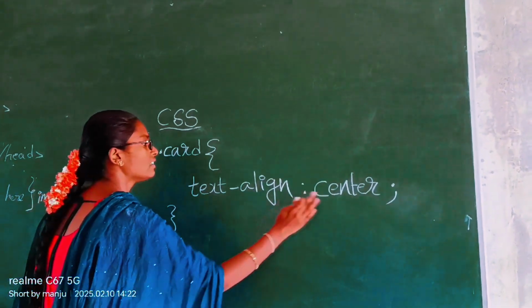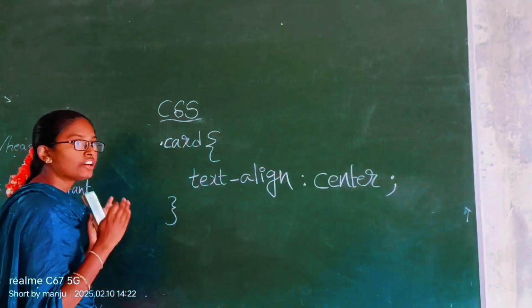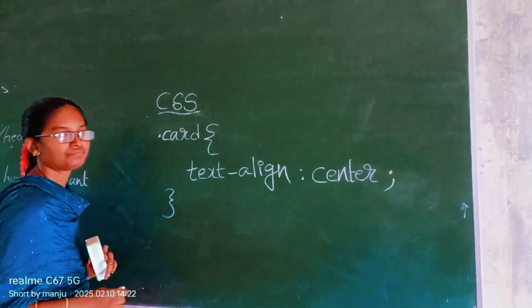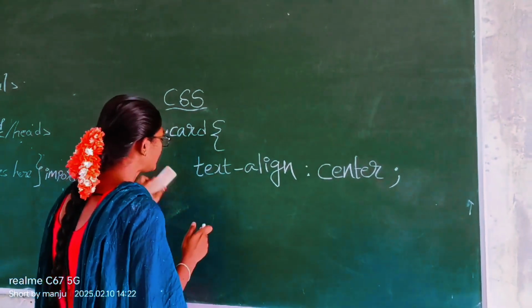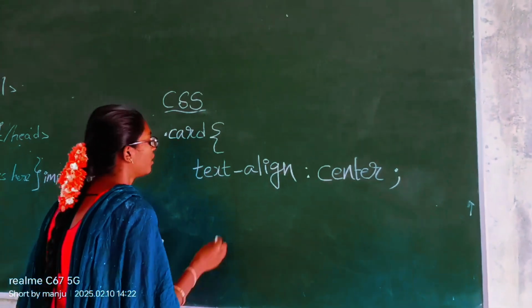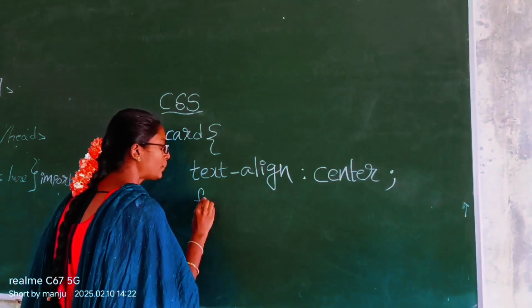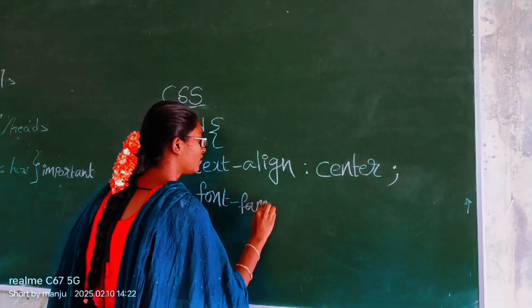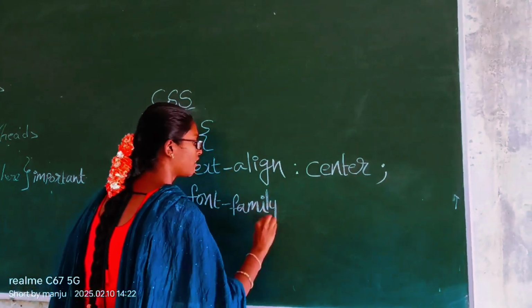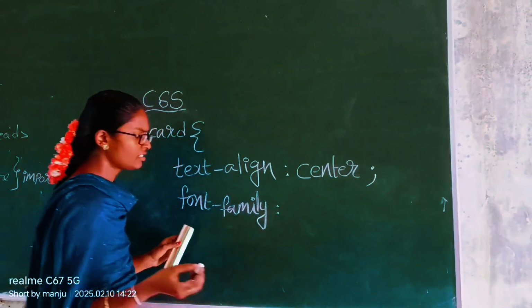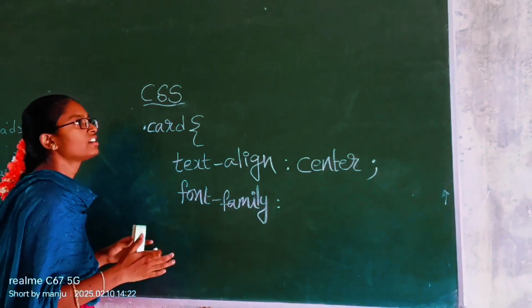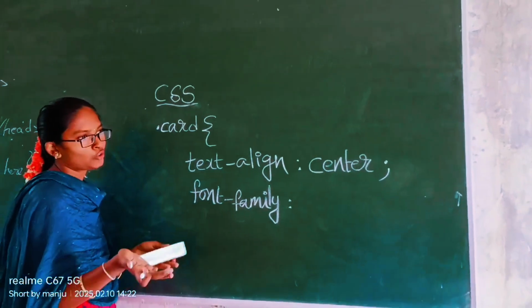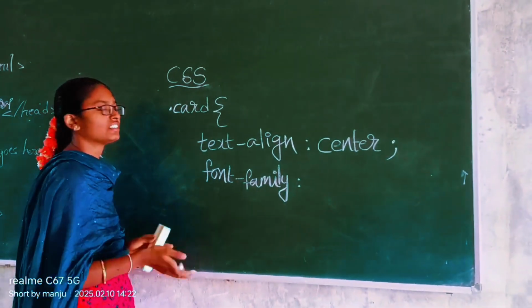Text-align center will make our text come to the center of the page. Different properties exist, such as font-family. This will be used for making our text different fonts, like italic, normal, and different properties.